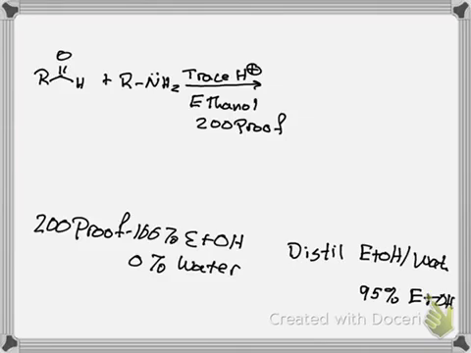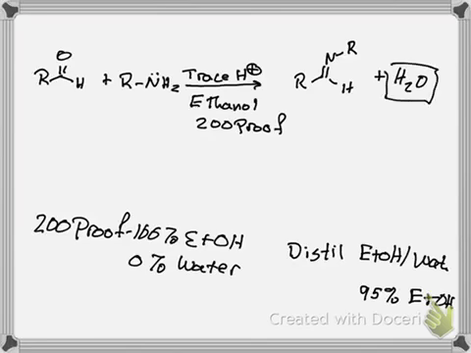For those of you who don't remember what azeotrope means, it's when you have two solvents that, when combined, have a different boiling point than either one of the parents. Now, the reason we want our ethanol here to be 200 proof is the product here is this imine, and let's not forget a water molecule that was created here.